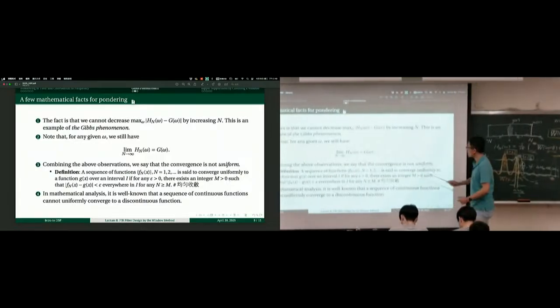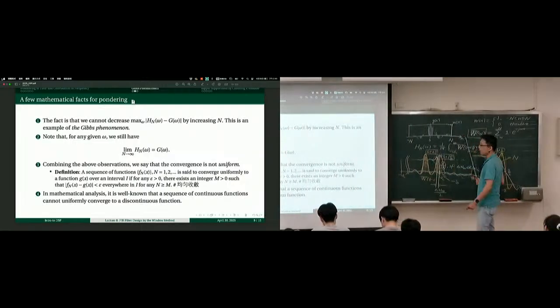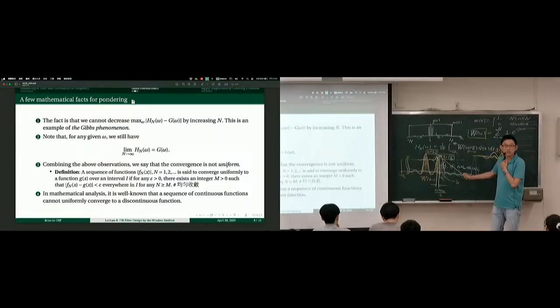Okay, so back in our context, our interval is from minus pi to pi, and our sequence of functions is h sub n. In the frequency domain, that's the sequence of functions we're talking about. Every time you choose an n, you have a result. So when n increases, your result is a sequence of functions, which approaches the ideal response pointwise.